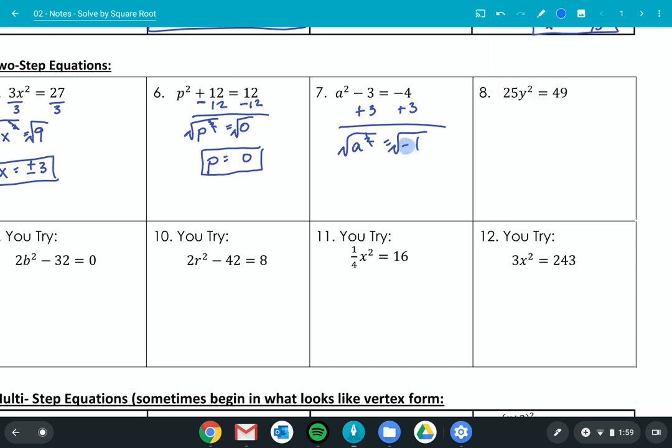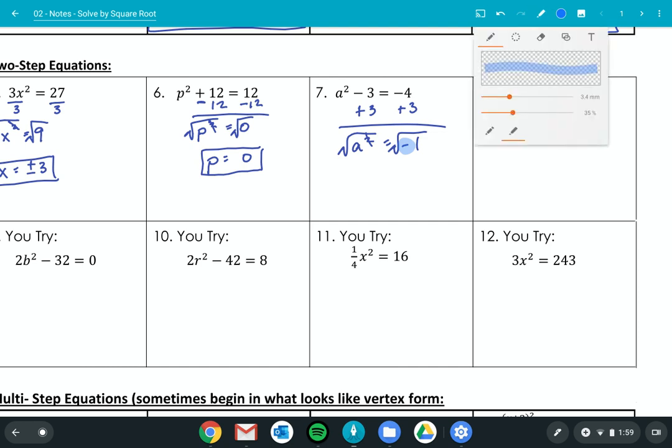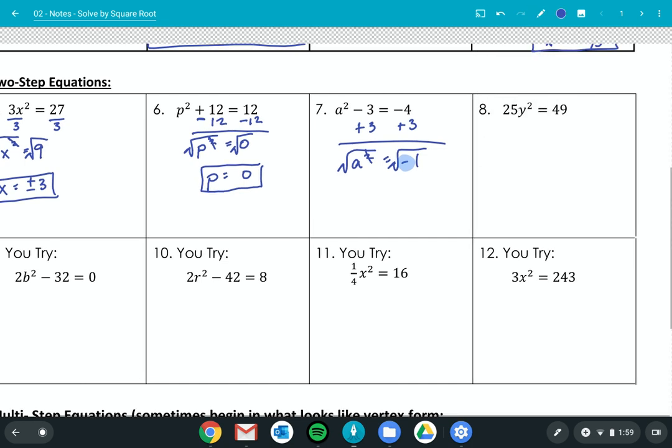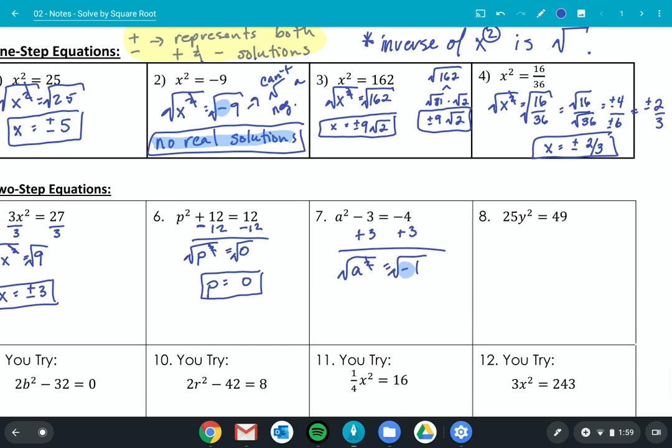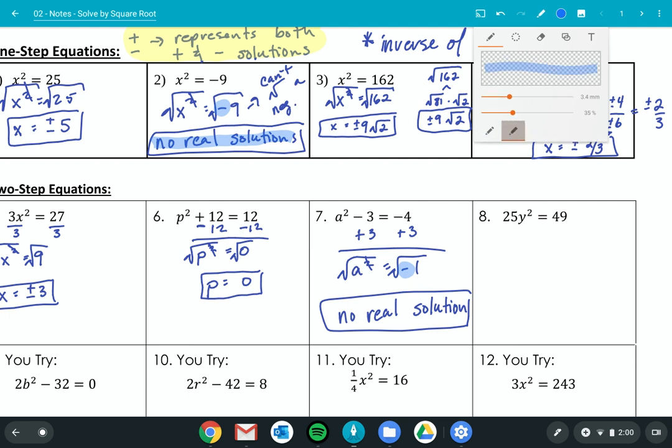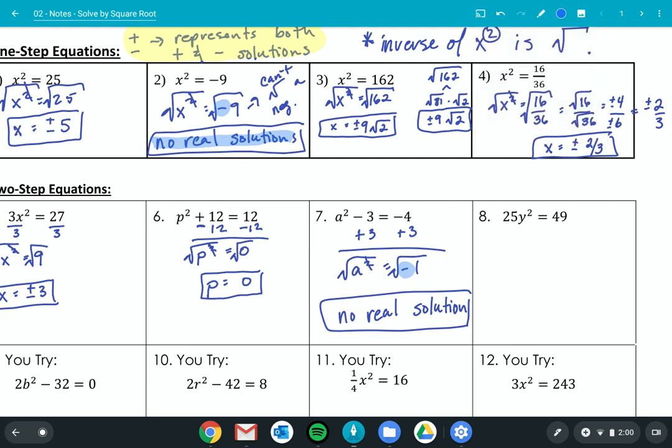I have a negative in the square root. So looking back at what we've already talked about regarding this, it's going to be no real solutions because I can't take the square root of a negative number. I want to be consistent and talk about that.